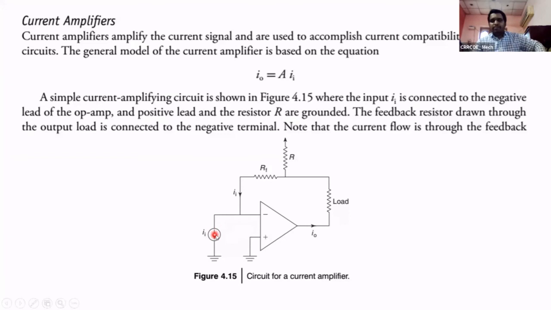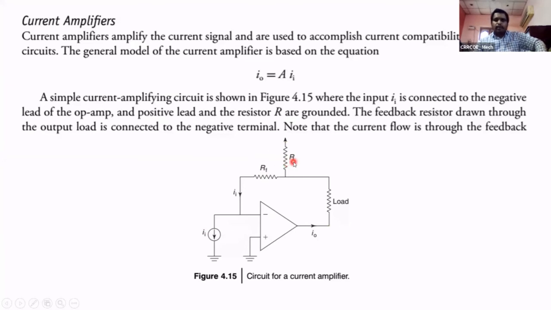Here the input is current instead of voltage. This is the feedback given to the negative terminal and the positive terminal is grounded, which means this is an inverting type operational amplifier. Here RF is the feedback resistance, and one more resistance, capital R, is grounded here.